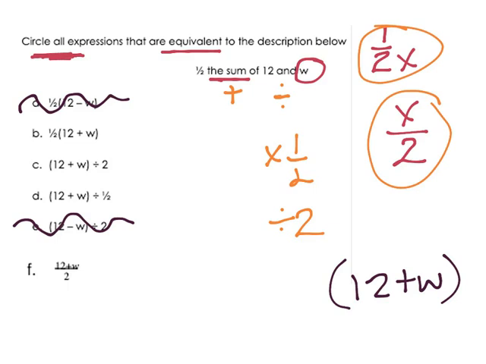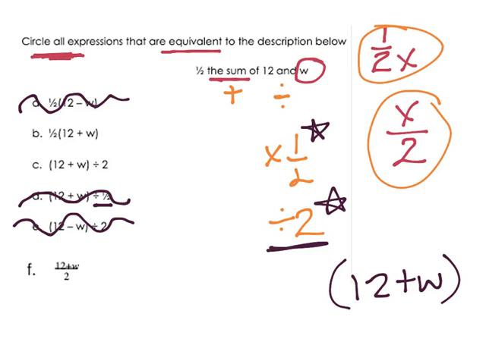I see this is in a fraction bar, so that does tell me that I would be doing that first, so I can't eliminate anything based off of that. So now I'm going to focus on the fact that I know finding half of something can either be multiplying by 1/2 or dividing by 2. So I need to look and see if there are any that are dividing by anything besides 2. I see part D is dividing by 1/2. That's not what I want. I want to multiply by 1/2.